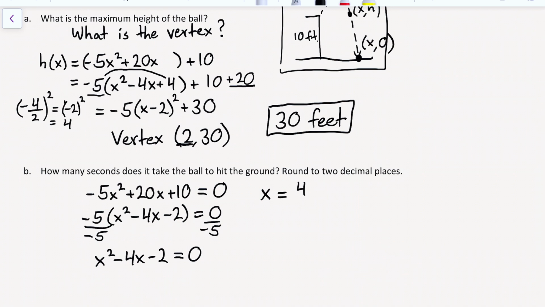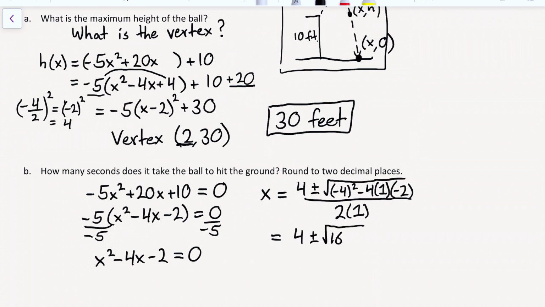x equals the negative of the middle value, so positive 4, plus or minus the square root of negative 4 squared minus 4 times 1 times negative 2, over 2 times 1. Let's simplify this as much as possible.